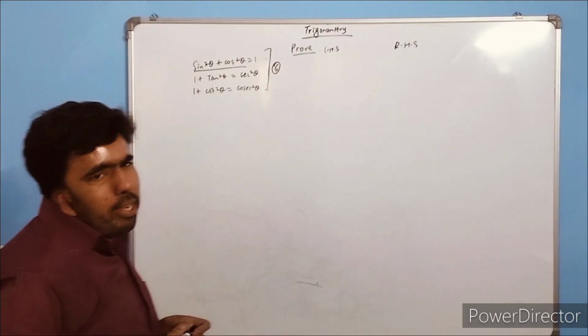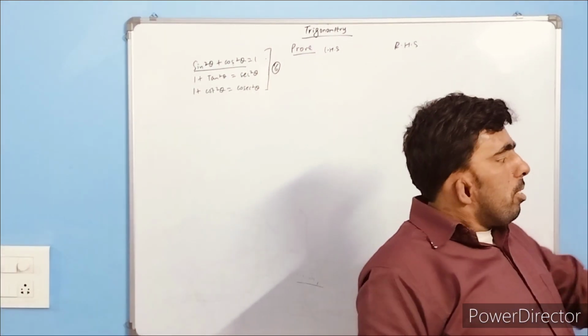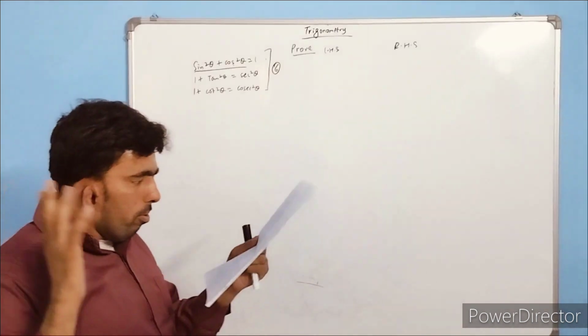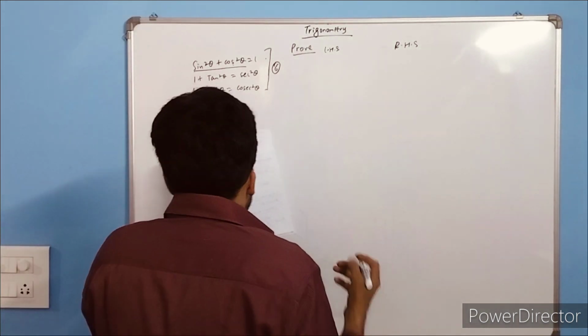Very easy numericals they are. We just need to practice more and more so that we are able to clarify how these identities are useful to us. Okay, so now let us solve one more numerical, the 6th numerical.